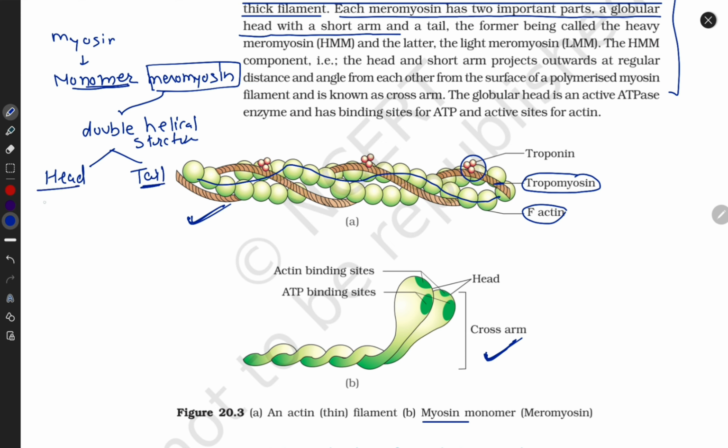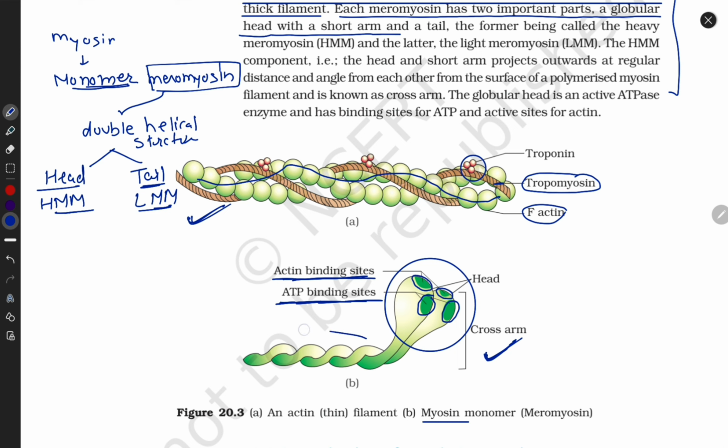We can call them heavy meromyosin and light meromyosin. They also have binding sites for actin. Look here: this is the binding site of actin, and this is the binding site of ATP. This is the head part and this is the tail part. The tail part is light, and the head part is heavy.